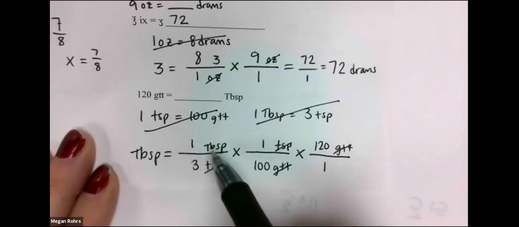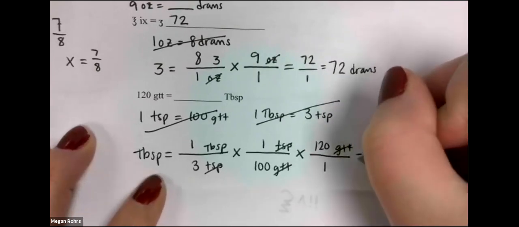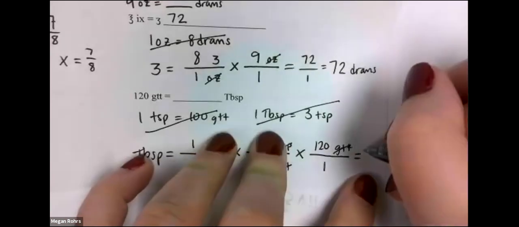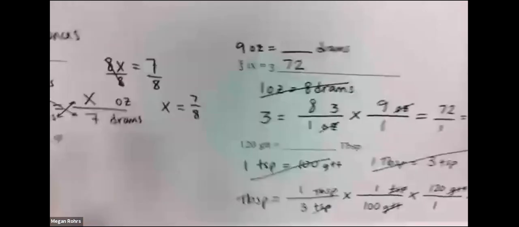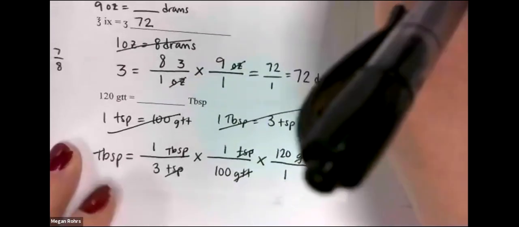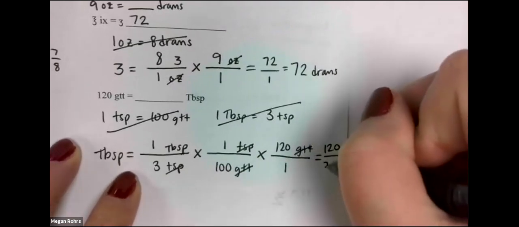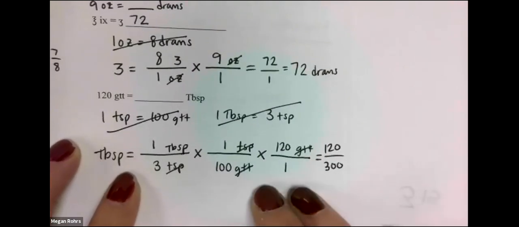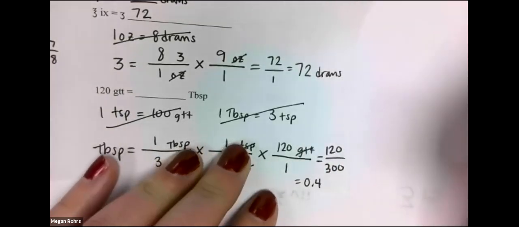So once you get that unit that you need and it's by itself, now we can solve. So here we have 1 times 1 times 120 gives me 120. And then I have, oops, sorry there. Now we have 3 times 100 times 1 gives me 300. So 120 divided by 300 gives me 0.4.